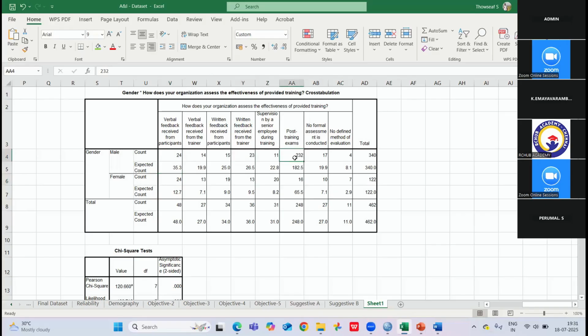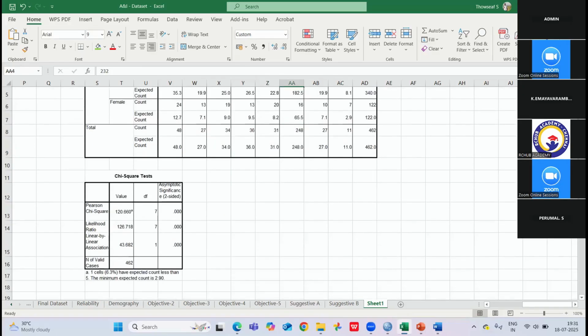Then post-training exams, almost 232. So for male, the majority are telling that they provide an exam, and from the exam they understand whether the training was effective or not. Whereas for female, it was verbal feedback.